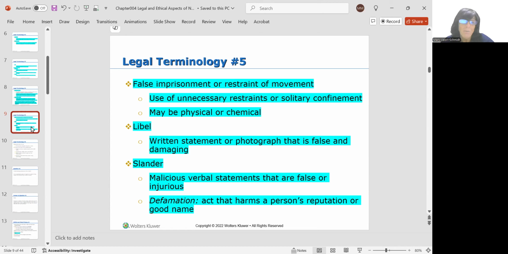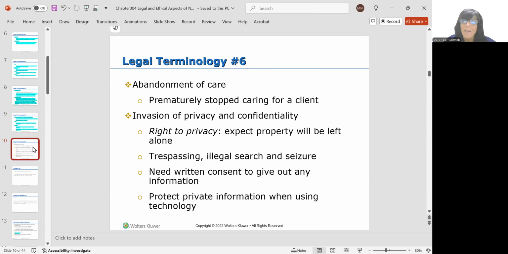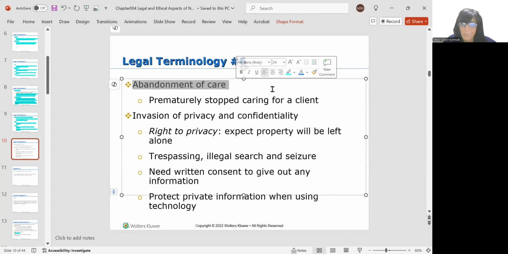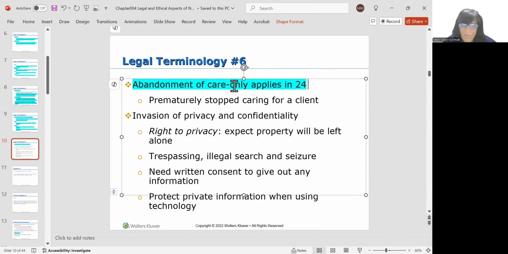And defamation, they call it defamation of character, is an act that harms a person's reputation or good name, right? So it's something that's not true, saying something that's not true. Abandonment of care is tricky. That only applies, and I'm going to include this, only applies in 24-hour care.